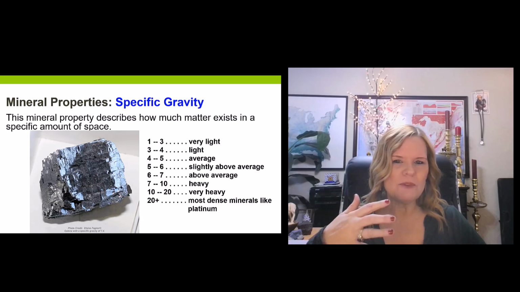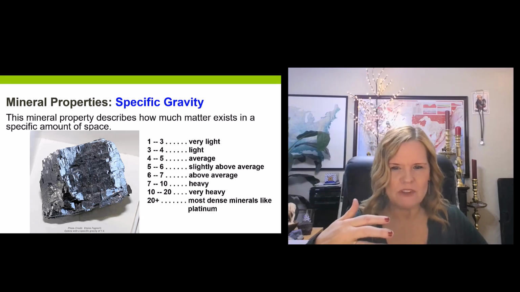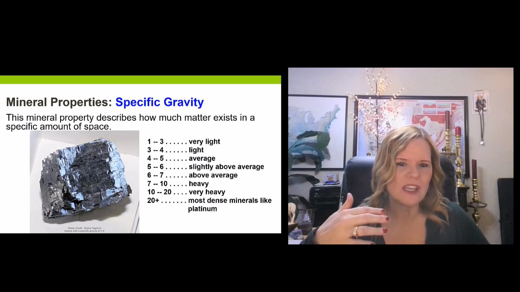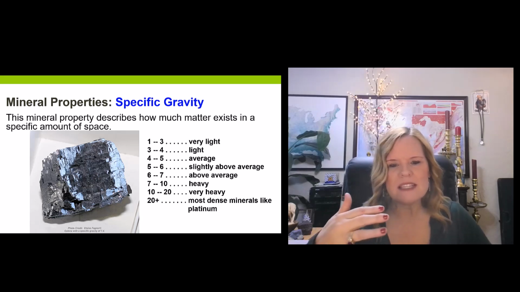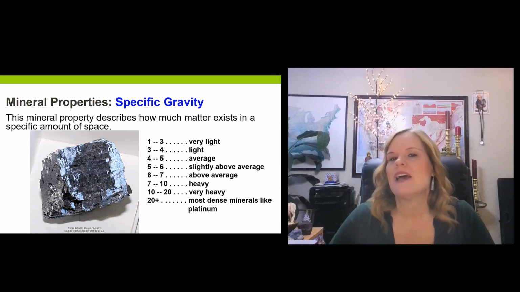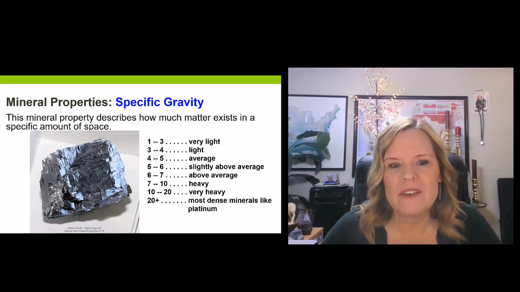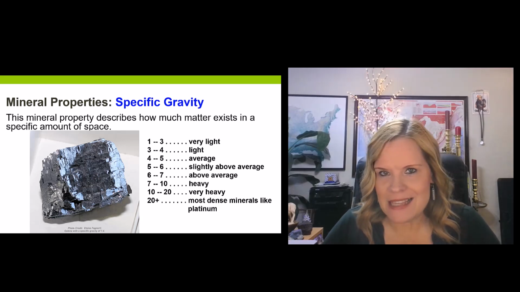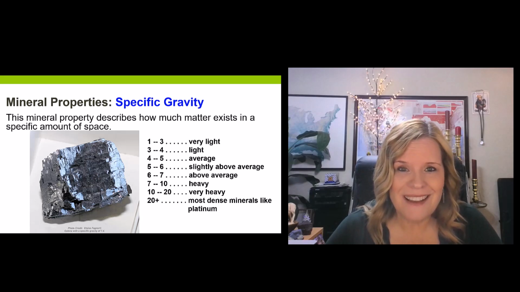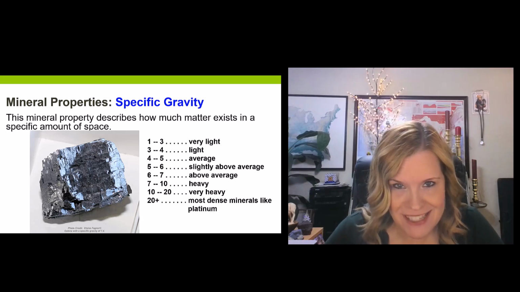If it's a low specific gravity, it's going to be like a 1 to 3. Average is 4 to 5. When you start getting into something really dense, like 10 or more, you're usually getting into metallic type minerals. And don't be deceived: something that has a high specific gravity doesn't necessarily have a high Mohs hardness.